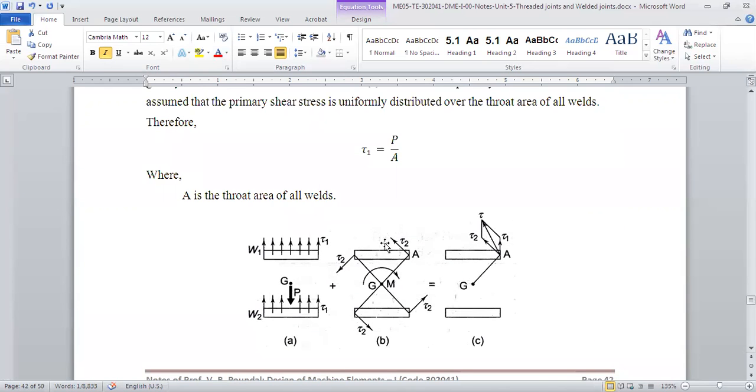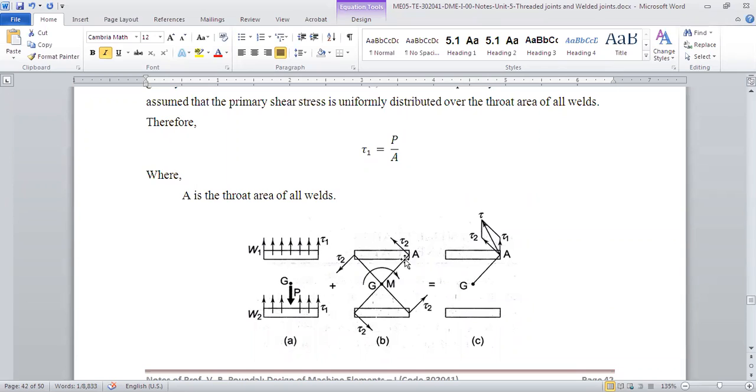Now R is distance, J is polar moment of inertia, right? See, W1 and W2 are two welds. G is the center of gravity, okay? So now, what is tau 1? Tau 1 is the direct shear stress. How will the direct shear stress act? It is perpendicular to the axis of your weld, right? It is shown in diagram A. But tau 2 will be, as we saw in the threaded joints also, perpendicular to the radius.